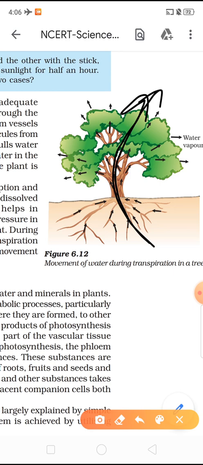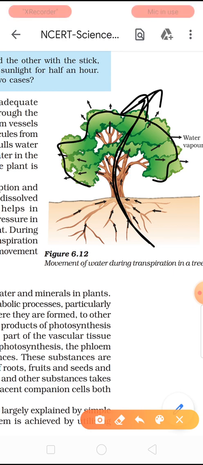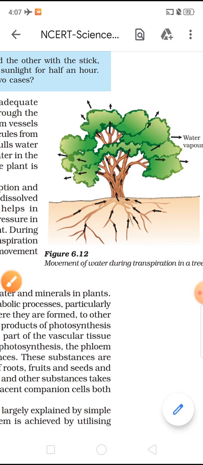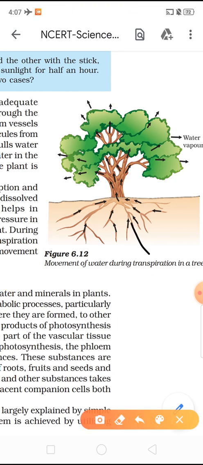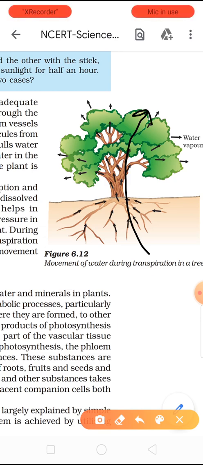Transpiration is the process by which vapor is lost from the aerial parts. Okay, this is the exposed area. Okay, so from the exposed area, continuously water in the form of vapor is lost. Okay, and this transpiration helps in movement of water molecules in an upward direction, because there is a loss, and this transpiration takes place during daytime.